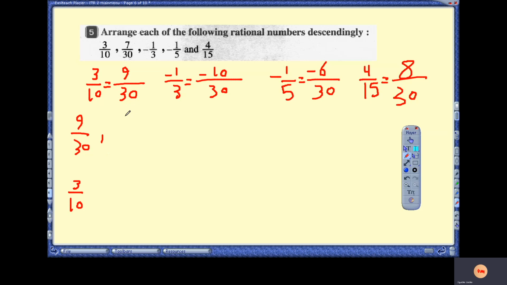After that, 8 over 30, so here you will write 4 over 15.